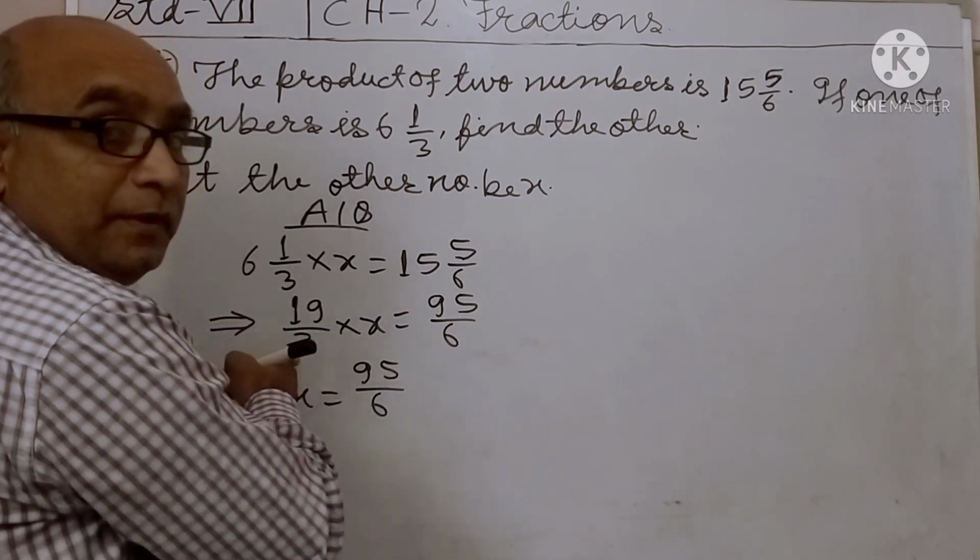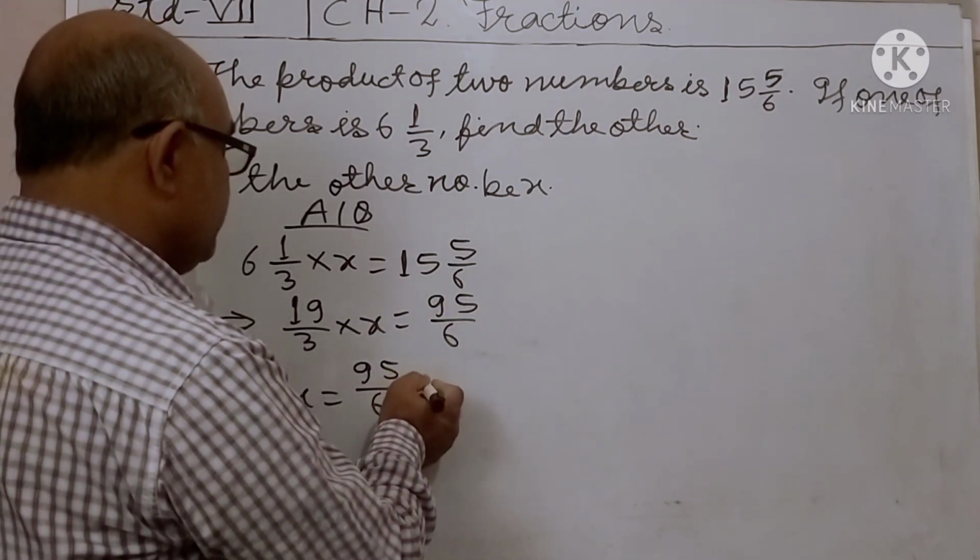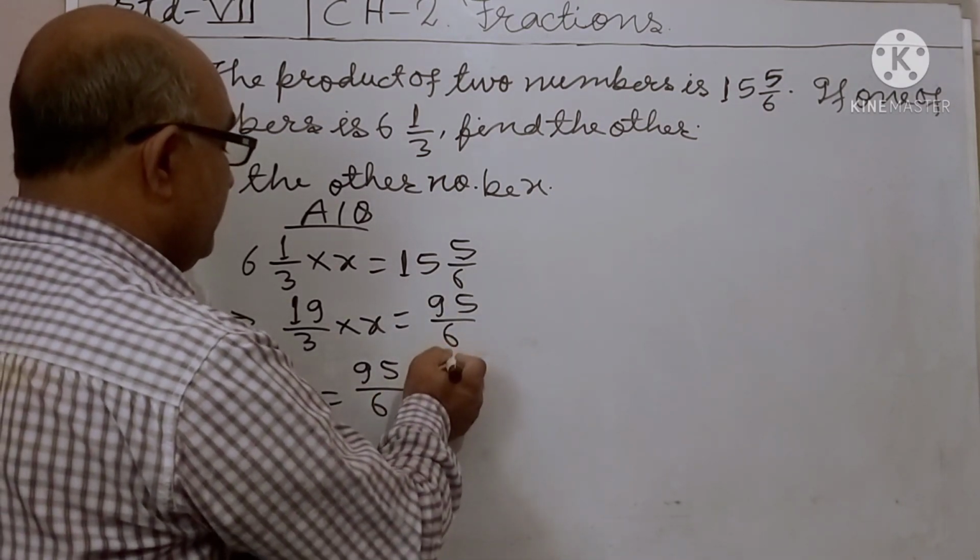19 by 3 here is multiply. By transposition, multiply changes into divide.